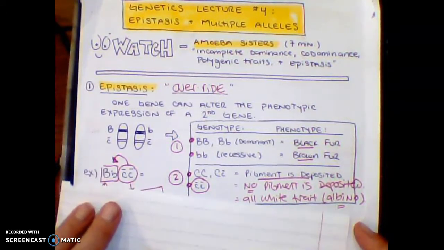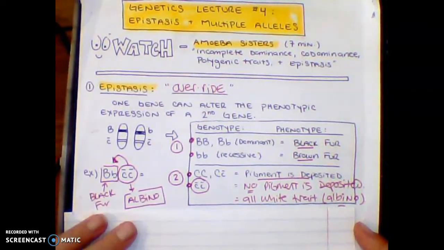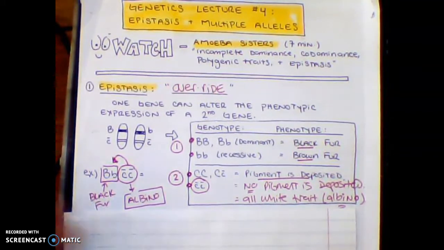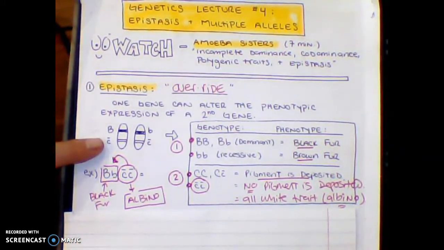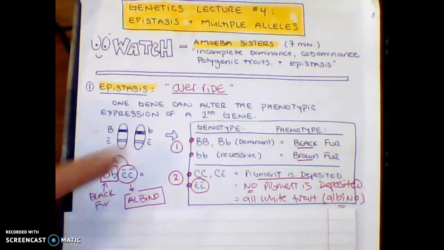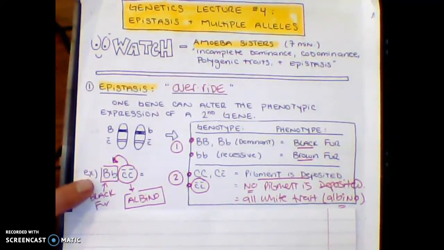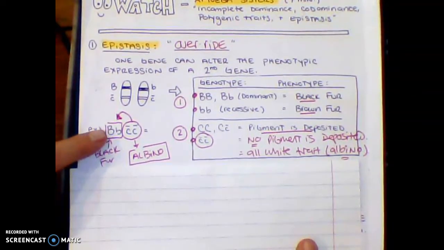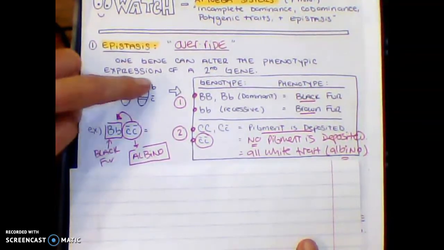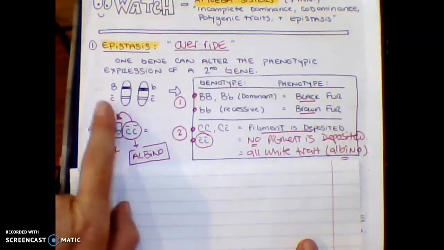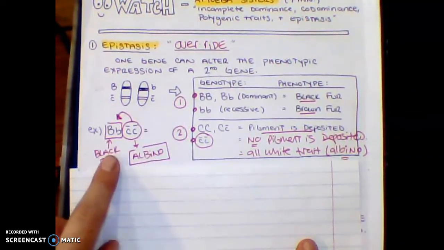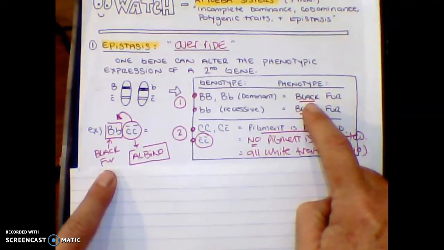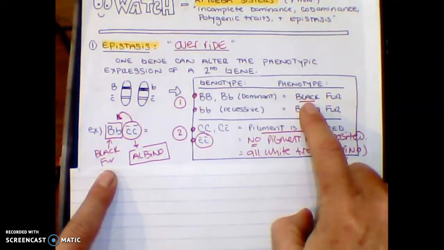Okay, so what I'm talking about here, guys, is once you inherit these chromosomes from your parents, one from your mom, one from your dad, what it looks like genotypically is big B, little b, one from mom, one from dad, and little c, little c, one from mom, one from dad. When you read big B, little b, according to our data table, we should have black fur.